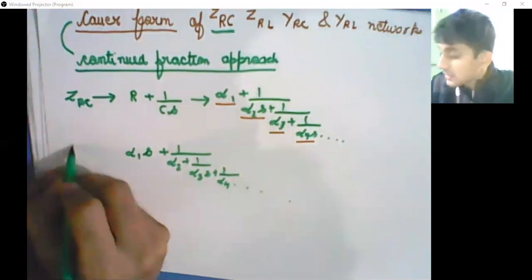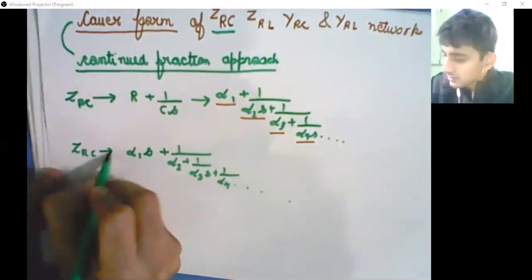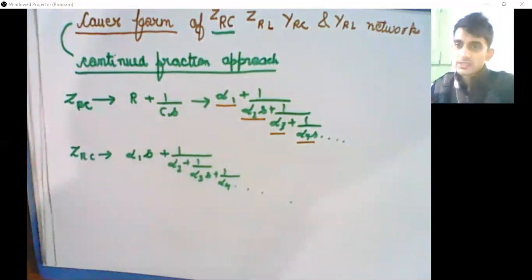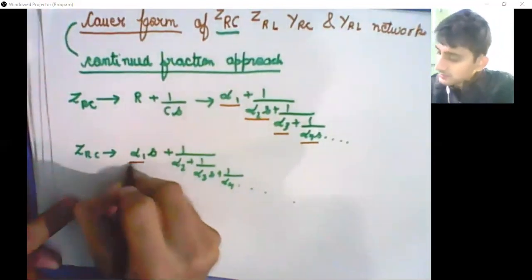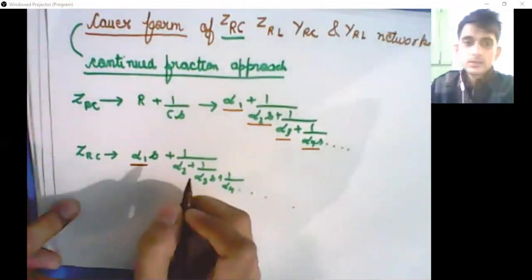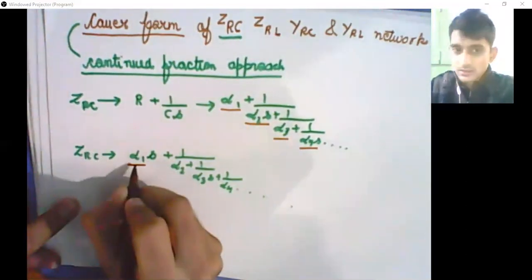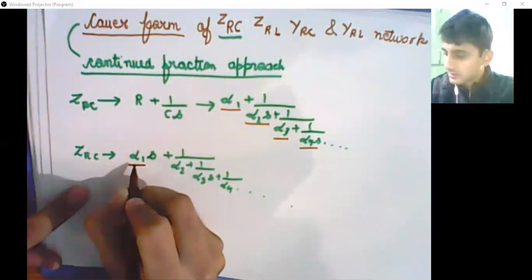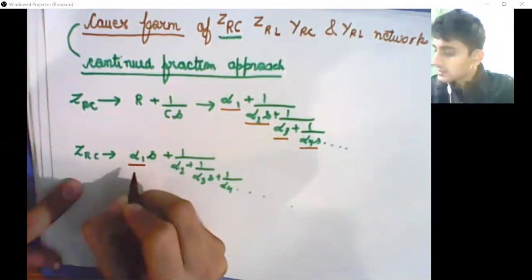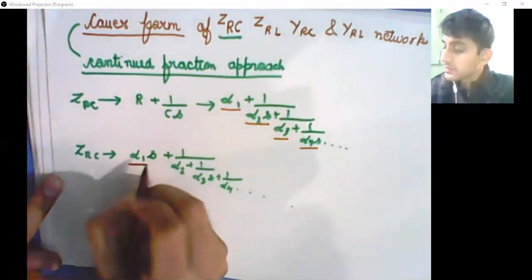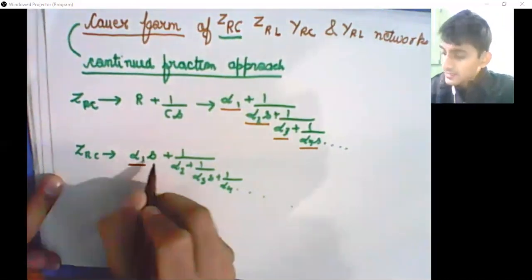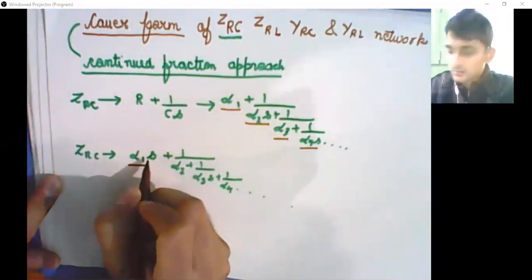If this was actually ZRC, you would easily see that this cannot be for capacitance, because in ZRC we can't have S in the numerator.